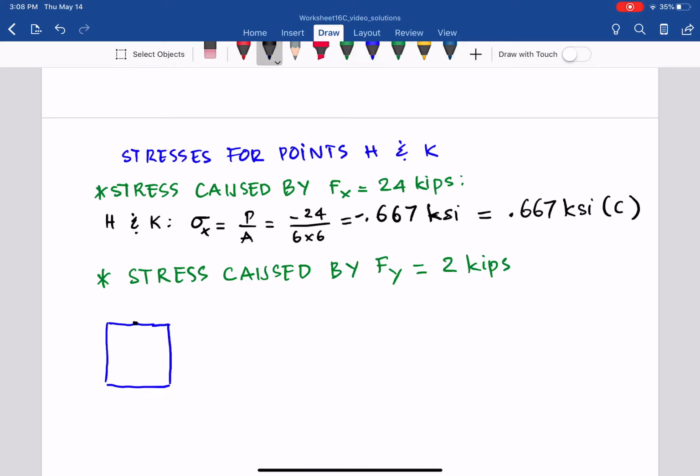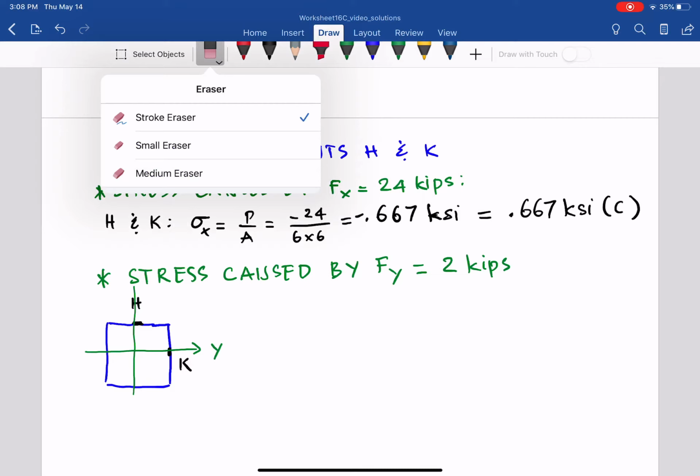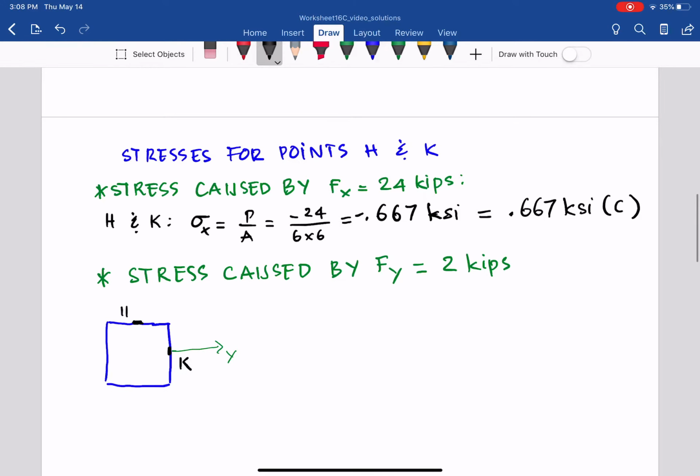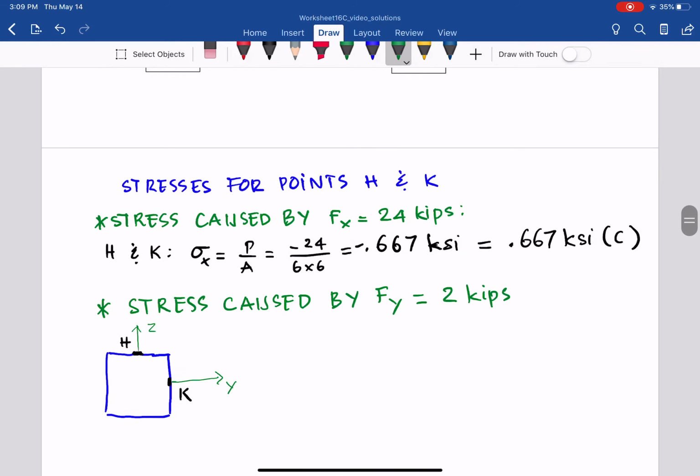So this is H and this is K, and we have y, x, and z, you see there.